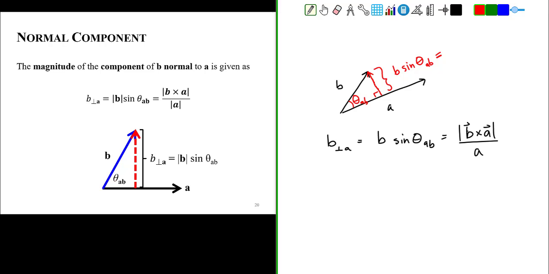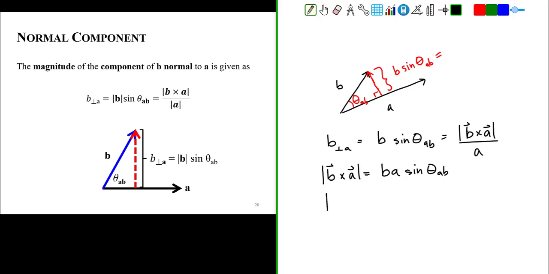Because remember, the magnitude of the cross product between two vectors is equal to the product of the magnitudes of each vector times the sine of the angle between them.